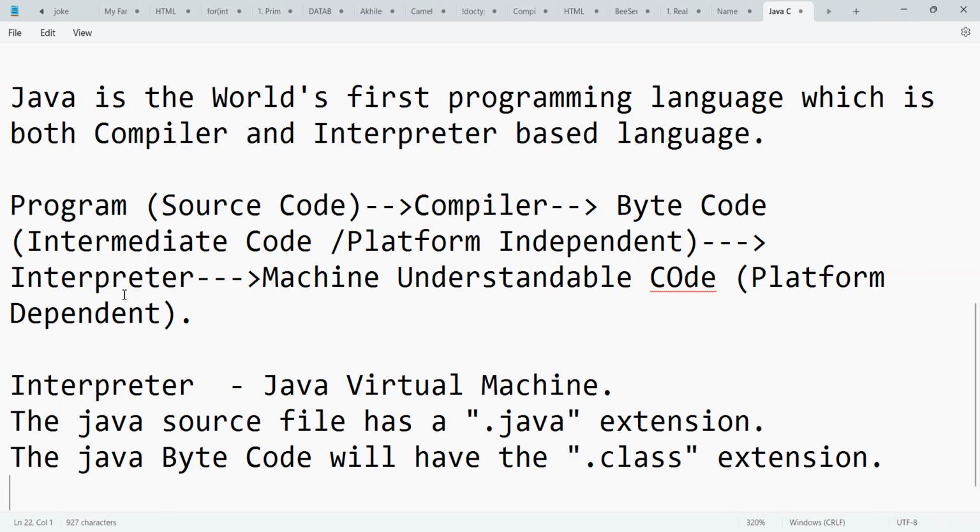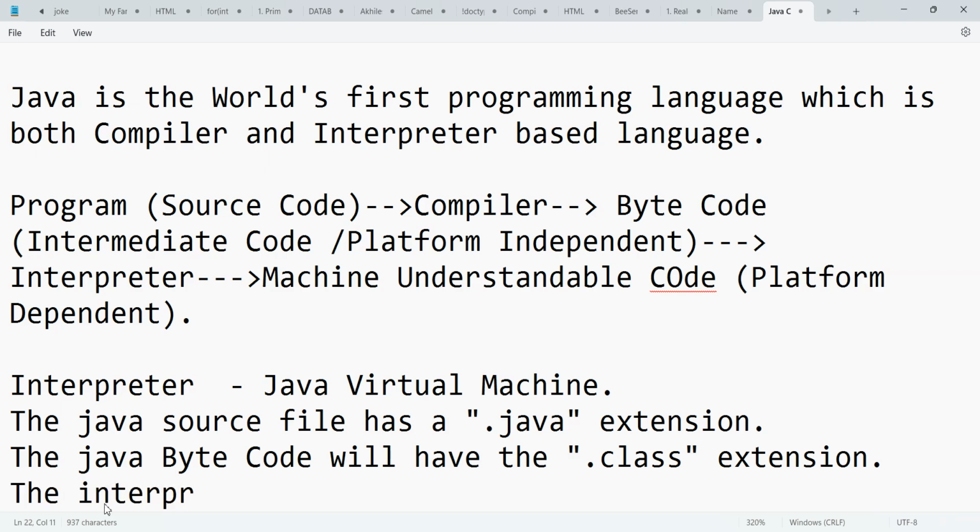Just now, if you notice, the interpreter converts your platform independent code to machine understandable code that is platform dependent. That means the interpreter is always different for different operating systems. This is an important point.